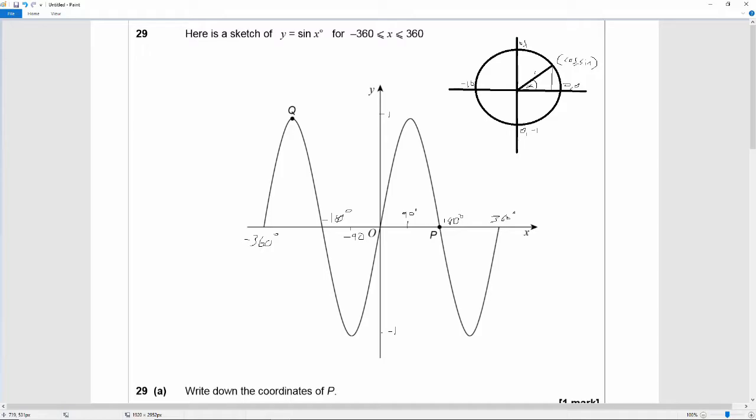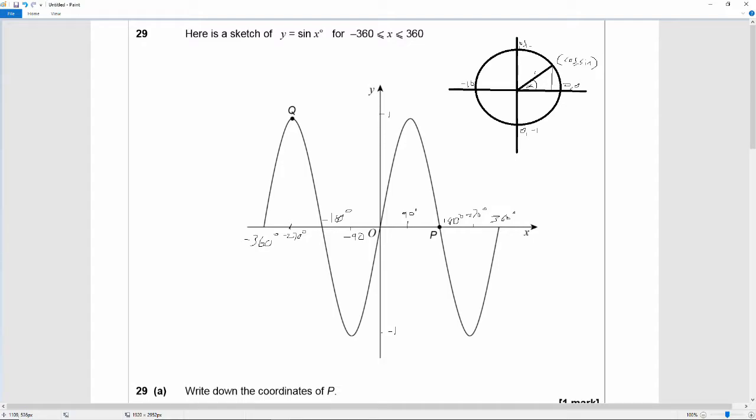And here at Q is going to be negative 270 degrees, where the sine is 1 again. So this is negative 270 degrees. And of course here is going to be positive 270 degrees, where the sine is negative 1.